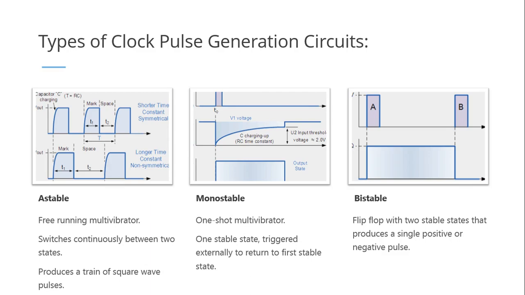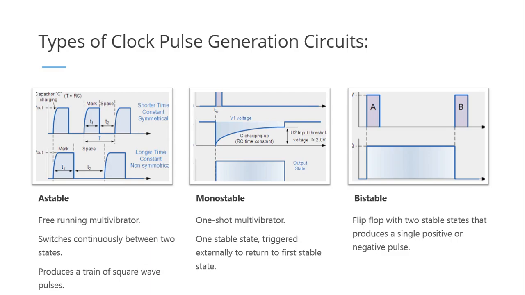When we talk about a monostable clock pulse generation circuit, also called a one-shot multivibrator, it has a single stable state. Now, its stable state depends on the design of the circuit. So you could have a stable state of low or a stable state of high.